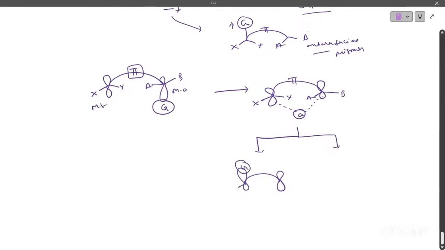The group G is here, X and Y, A and B, and here is the pi system. X, Y, A, B. Right, this is also the pi system.